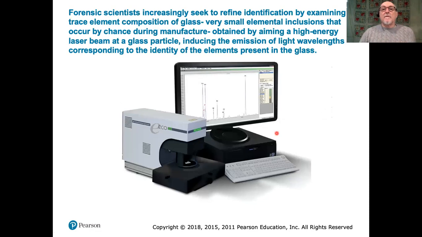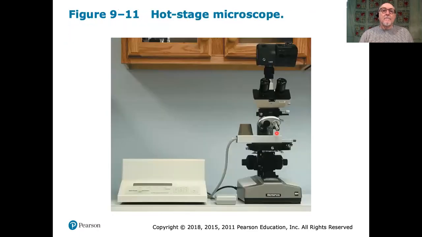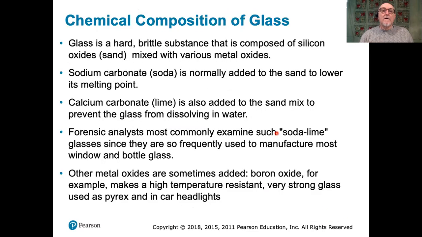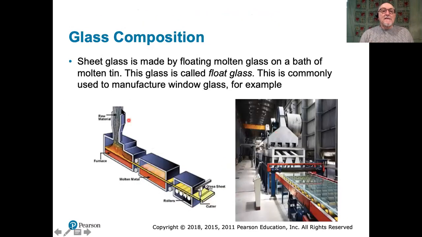The other hope in forensic science of glass is that, in actual fact, in this process here, during the manufacture of glass, there are incidental inclusions of various elements, which are not intentional by the manufacturer. It's just they come in on the raw materials, for example.